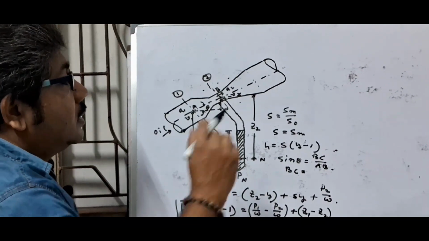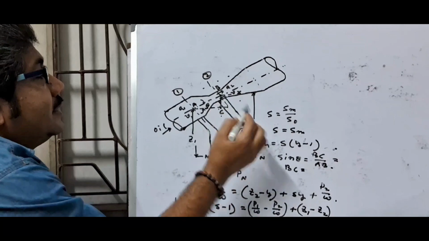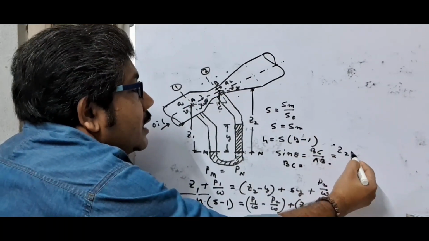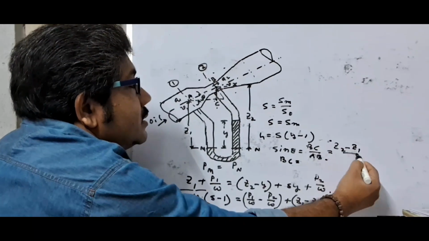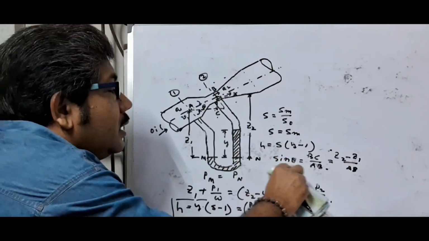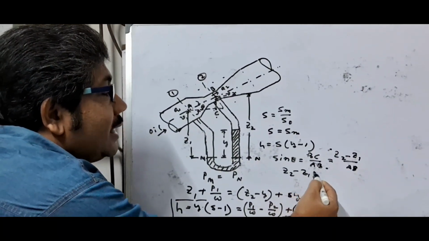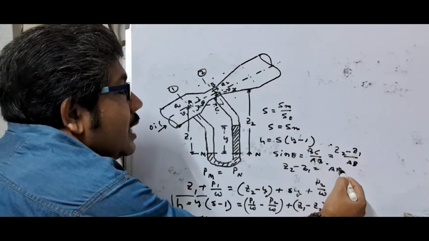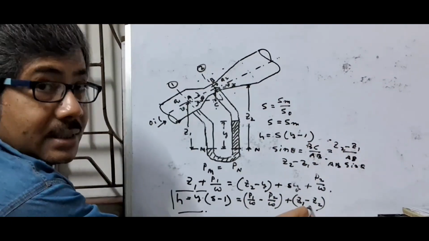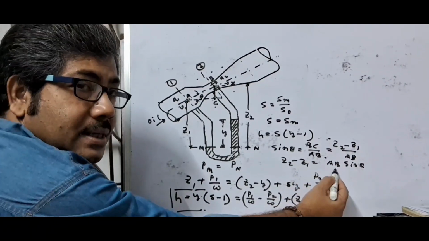Look at the board. This BC, that means Z2 minus Z1. So here Z2 minus Z1 is AB sin theta. But here we have Z1 minus Z2, so this is minus AB sin theta.